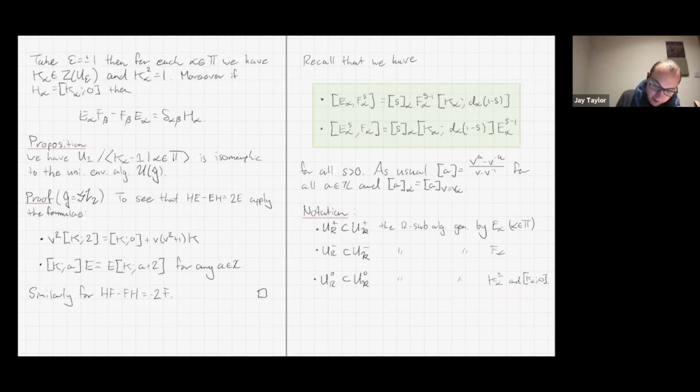Okay, and then we can just look at the images: the U_epsilon plus, minus, or 0 images in U_epsilon. There's a remark made by De Concini, Kac, and Procesi, and also pointed out by Jantzen in his book. If you want to know more, you should ask Ivan, because he really knows how to prove this.